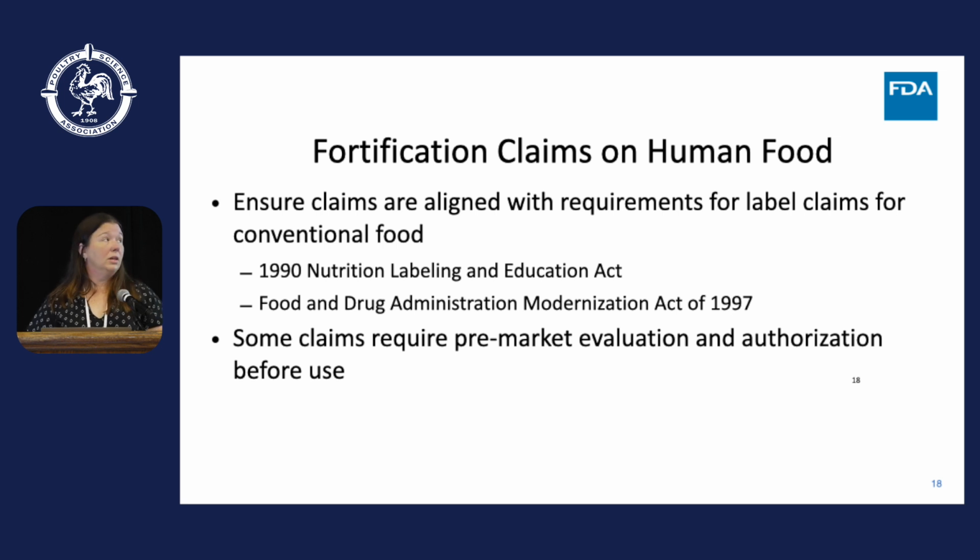I've got up here on the slide a couple of acts within the larger Federal Food, Drug, and Cosmetic Act that delineate what types of claims you can make on human food, which ones require pre-market evaluation, which ones don't. In the abstract for this session, there is a link to a website that gives you a lot more information on the different types of claims under these acts. It's just something to be aware of, because some claims don't require any pre-market evaluation. You can go straight to market, while others will require them.